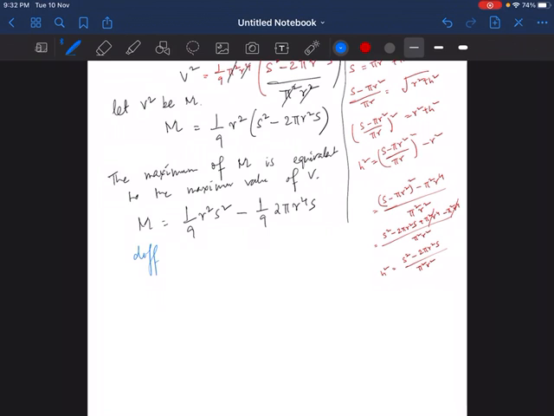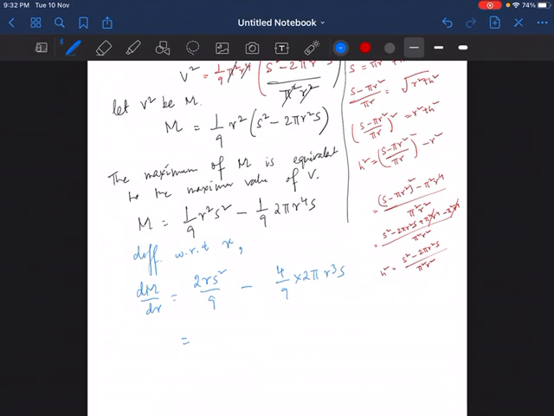So we will differentiate this one with respect to r. Differentiating with respect to r, what do we get? dm by dr is equal to 2 r s square by 9 minus 4 by 9 into 2 pi r cube s.